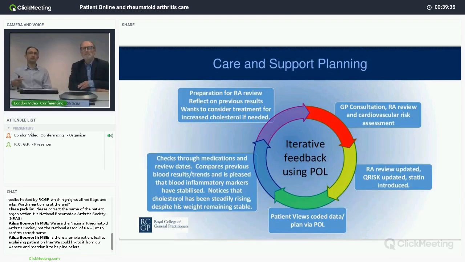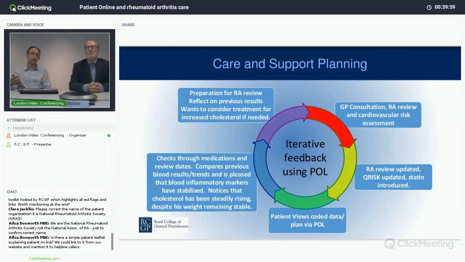Ralph talked about this iterative loop, and I'll talk a little bit about it now in terms of how that patient may manage it. If we take the red section, for instance, a GP may have an initial consultation with a patient, review the patient and do a general assessment, perhaps.